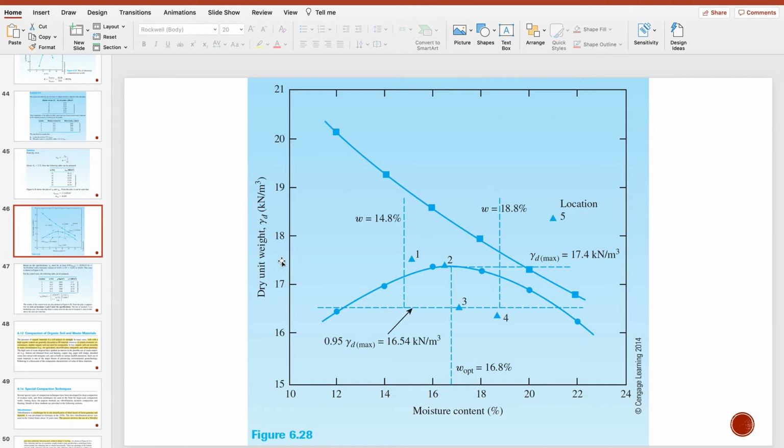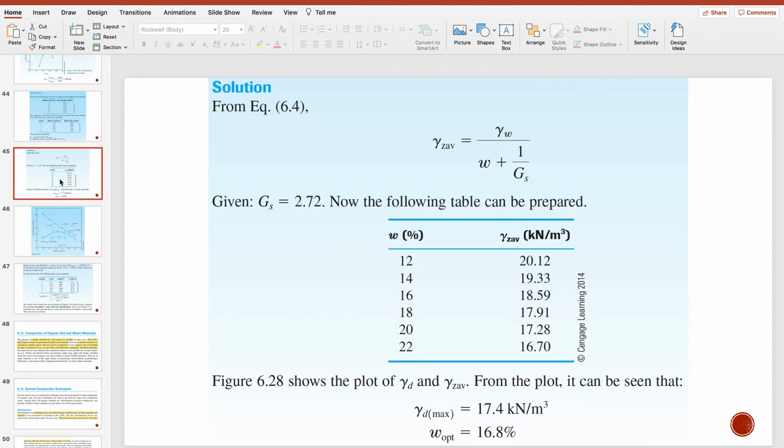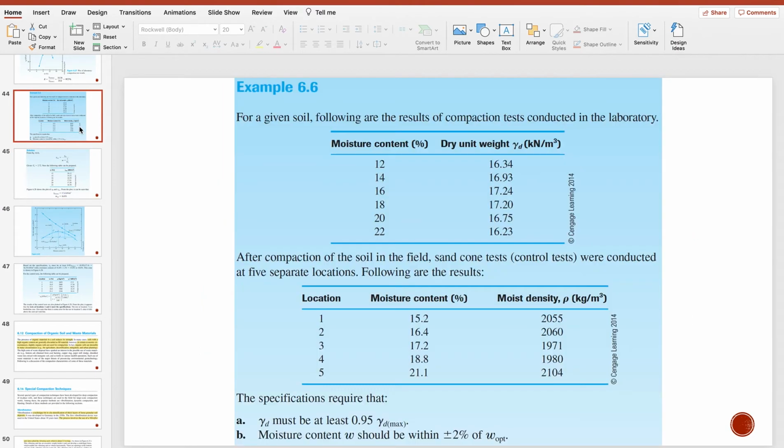Next, for the optimum moisture content, ang sabi natin dito, it is plus or minus 2.